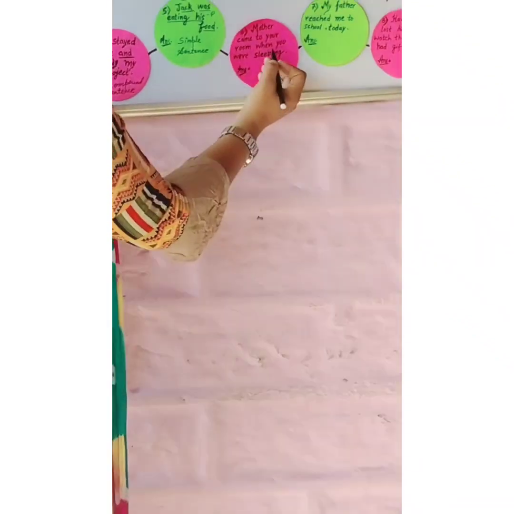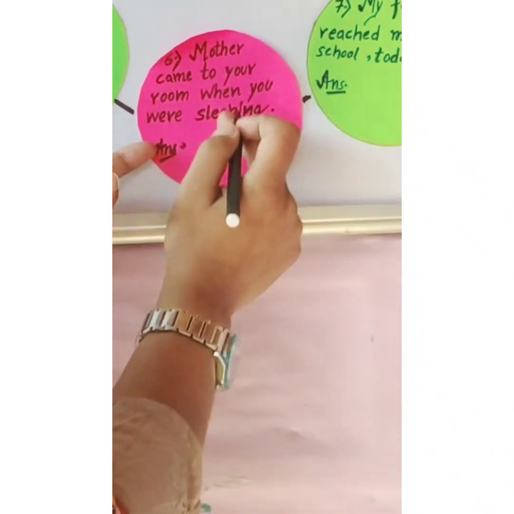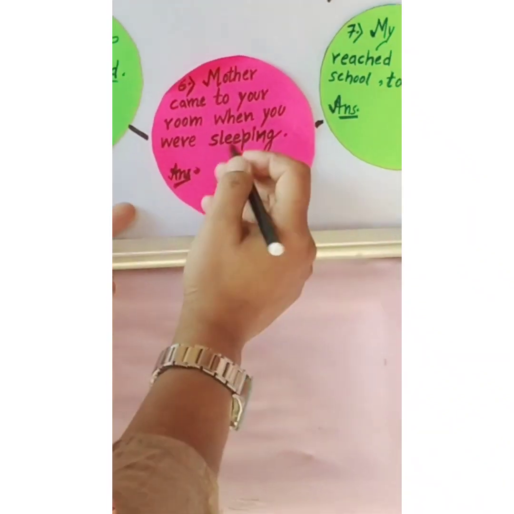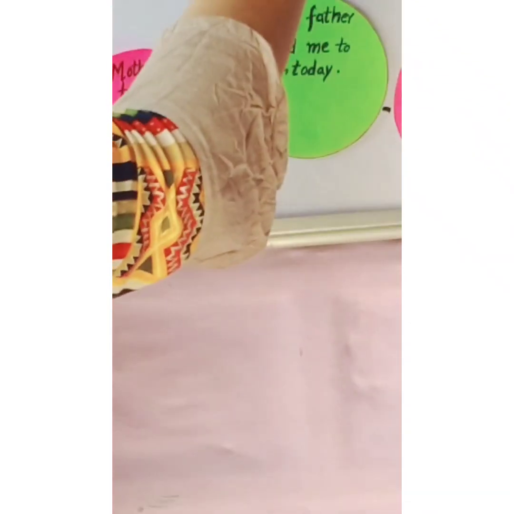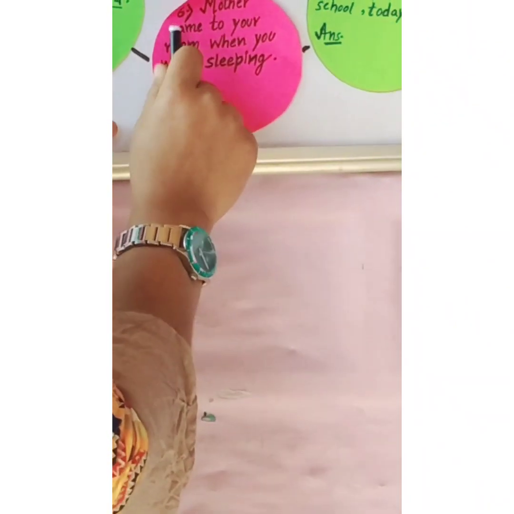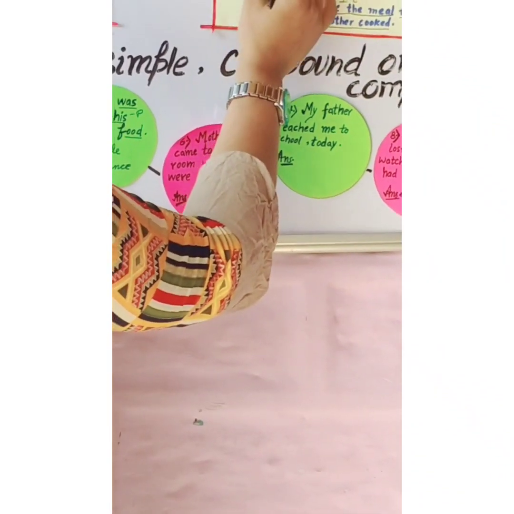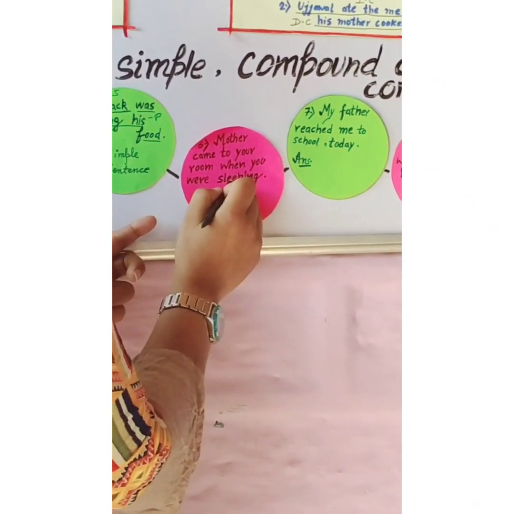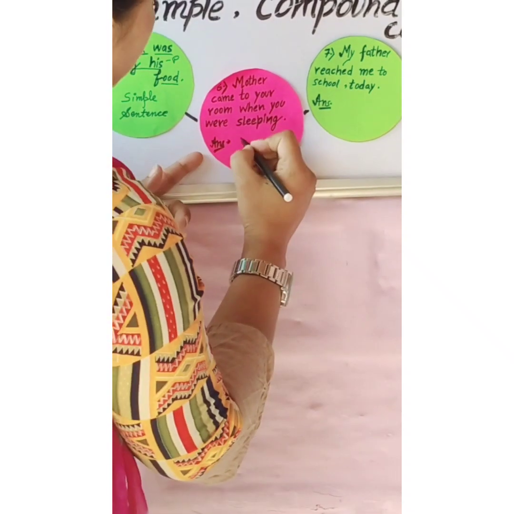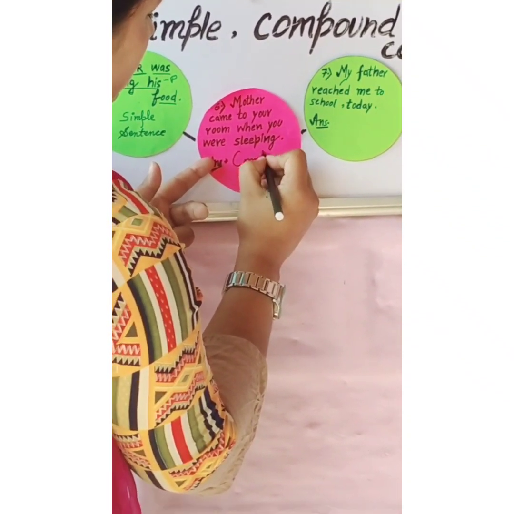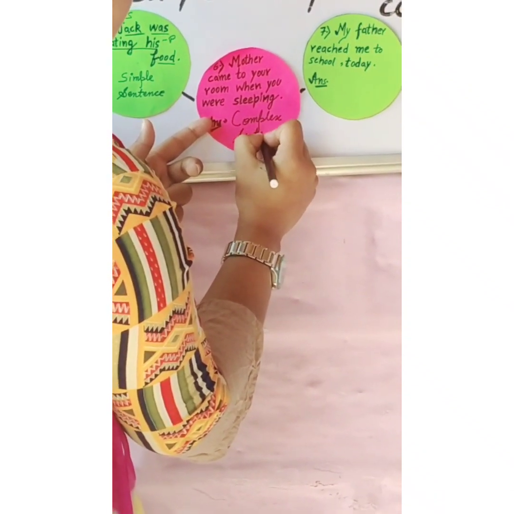So this is a dependent clause. Then only it is making proper sense. Then it will be known as a complex sentence. If there is one independent clause and one or more dependent clauses, then it is known as a complex sentence, right?